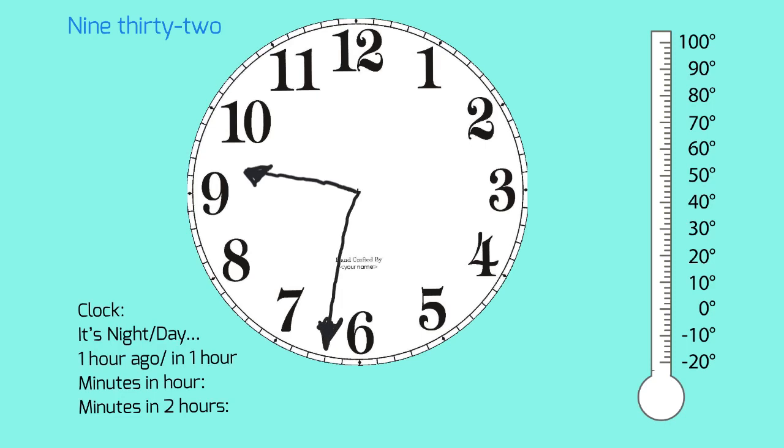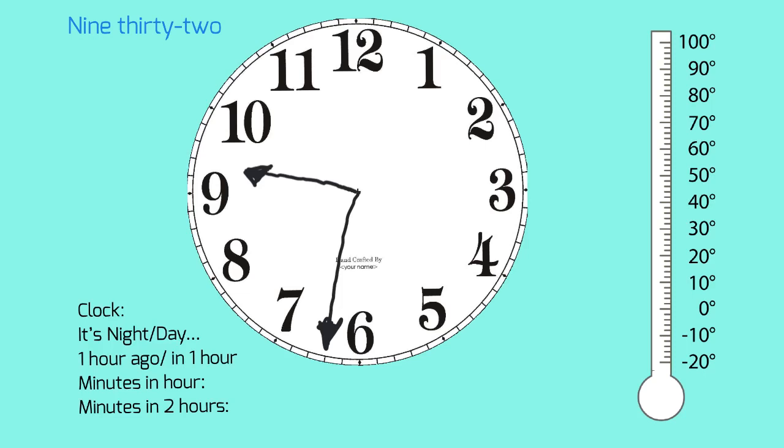Okay, so the time on the clock says 9:32. If I told you it was 9:32 in the morning, what time would you say it was? Get ready. Yes, it would be 9:32 a.m. What time would it be if it was 2 hours from now?